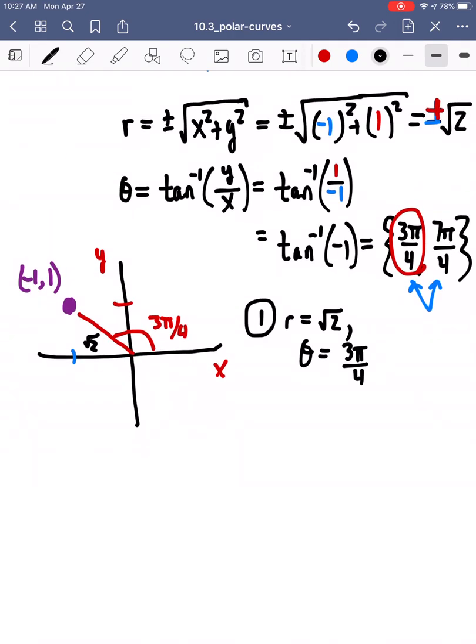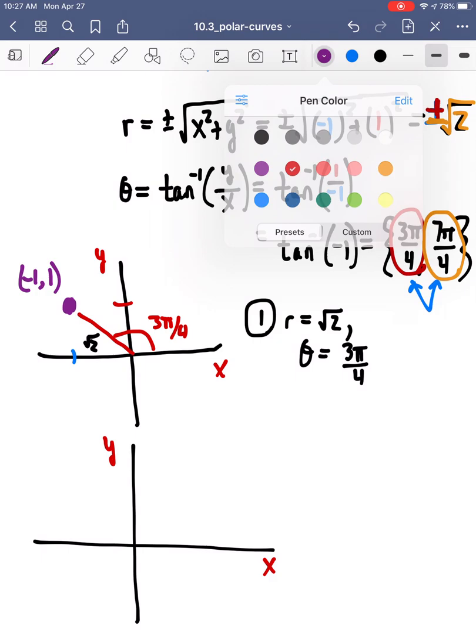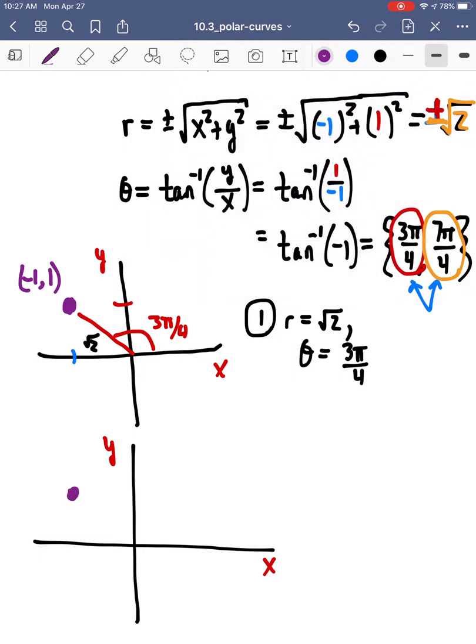But now the question is, what do we do with that other point? Namely, what do we do with that negative square root of 2? And what do we do with this 7 pi over 4? Well, let's check it out. So just sketching again, the xy plane, our original point in Cartesian coordinates, that was minus 1, 1. Well, where does this angle of 7 pi over 4 put us?